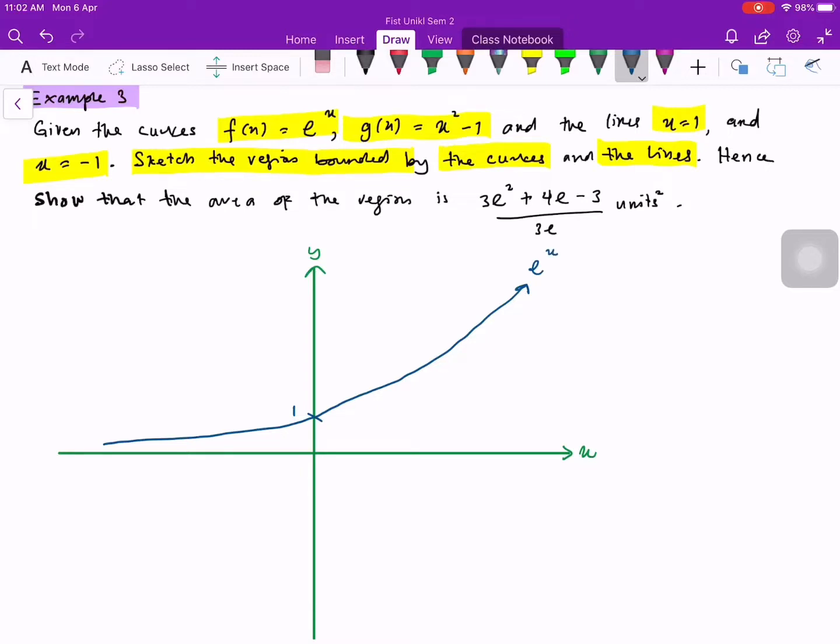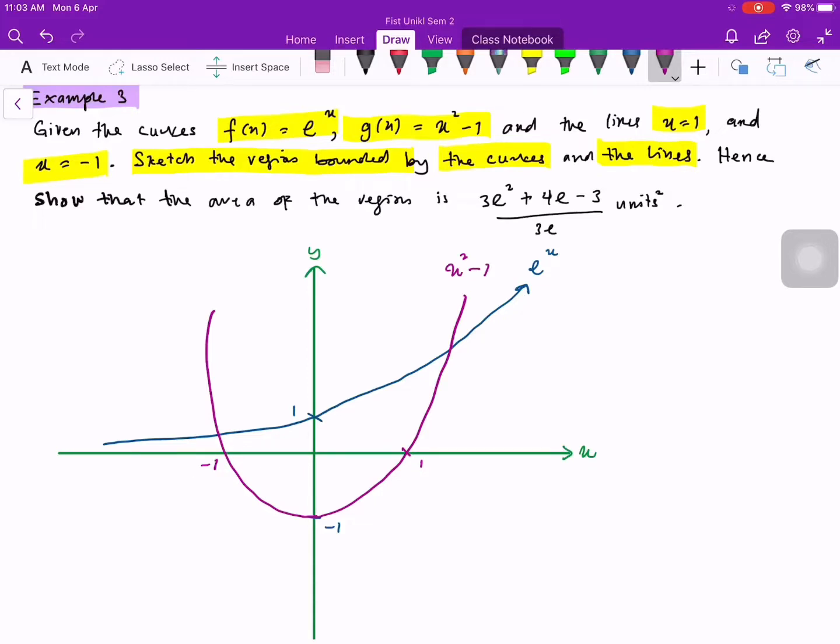Then we sketch the graph of the quadratic x squared minus 1, with minus 1 as a minimum point, so we have this curve. Let's say this is 1 and this is minus 1. This is the graph of x squared minus 1, and we also have vertical lines x equals 1 and x equals minus 1.